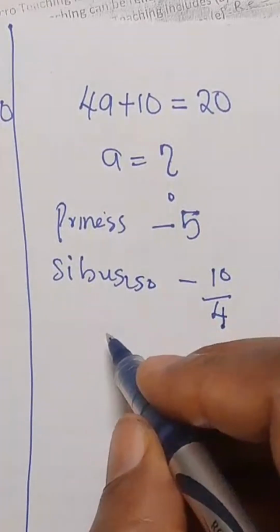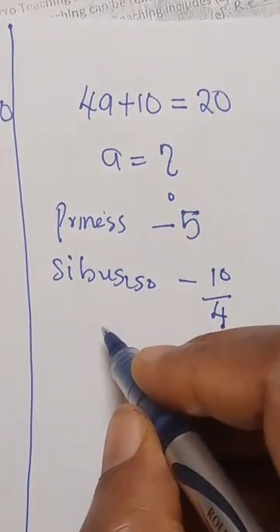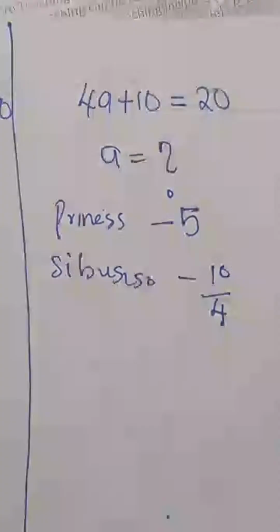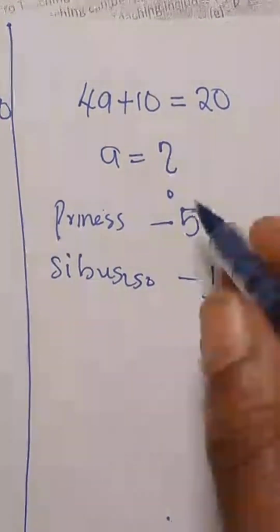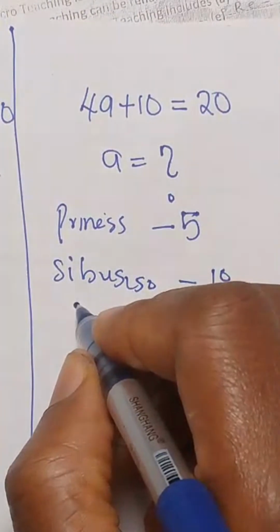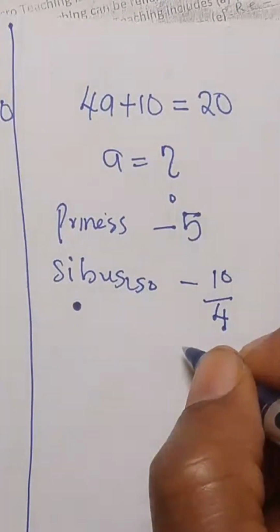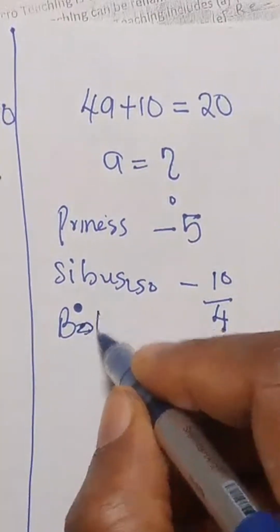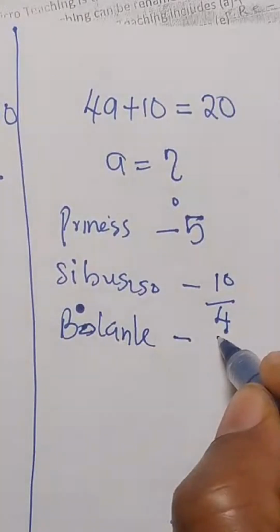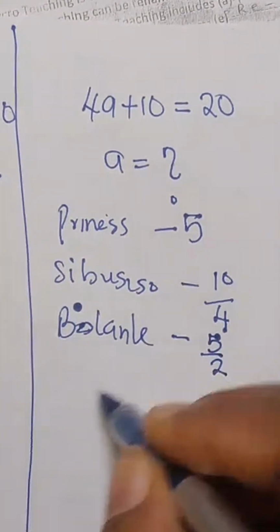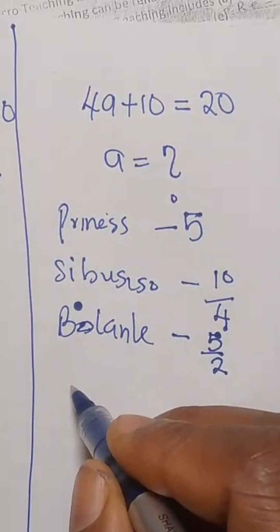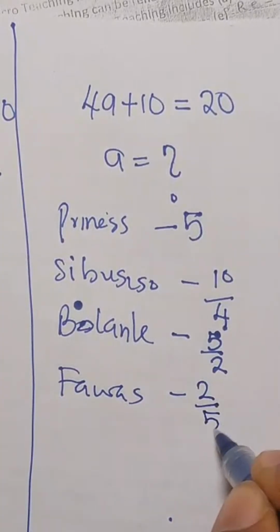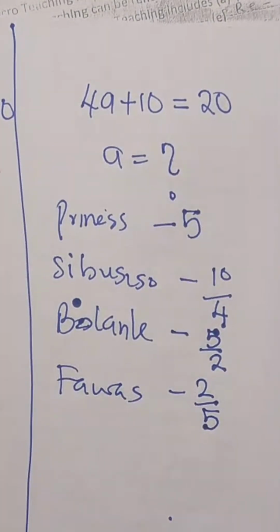Oh, you are Sia. Okay, Sibusiso is Sia. Oh, wow. Oh, I'm Sia from TikTok Live. Wow. Okay, that's nice, Sia. So Bolanle, you're good. Bolanle says 5 over 2. And Flowers says 2 over 5. Okay, so more answers.